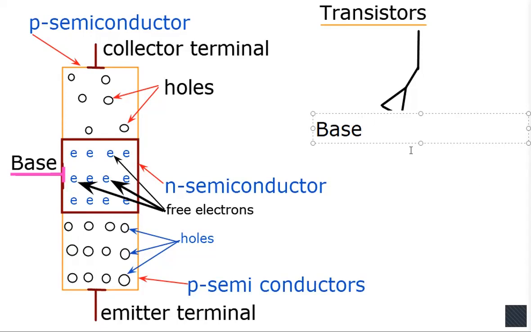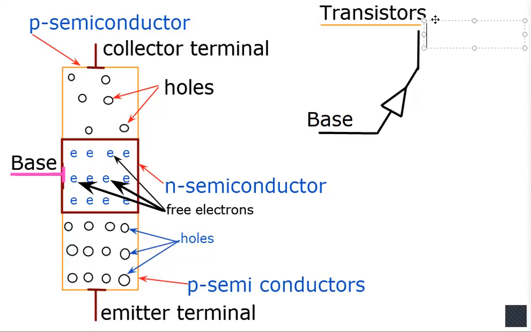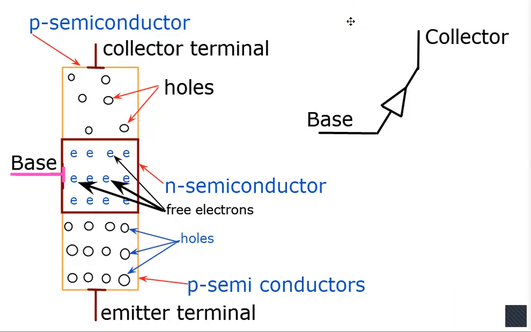The base terminal is N. This is the collector. The collector terminal is P. So what is the direction of the arrowhead that I have drawn here? N to P or P to N? N to P, sir. So is it correct or wrong? Wrong.